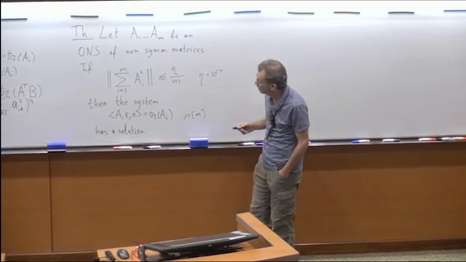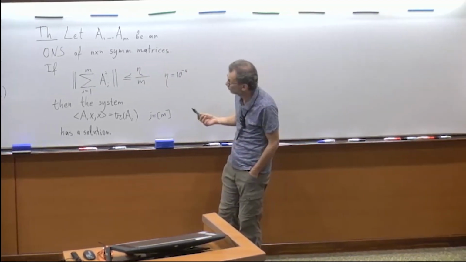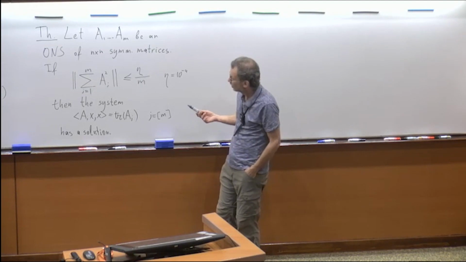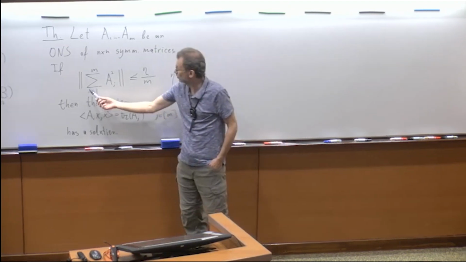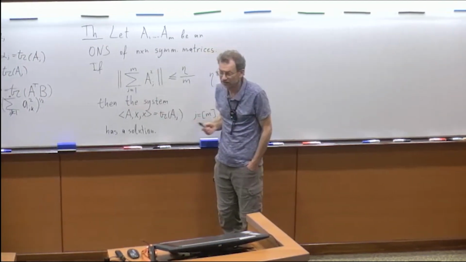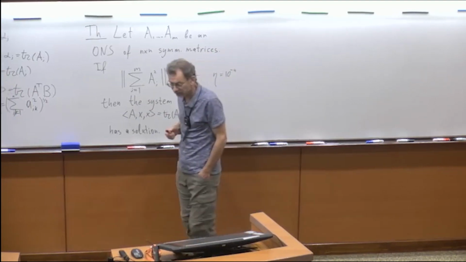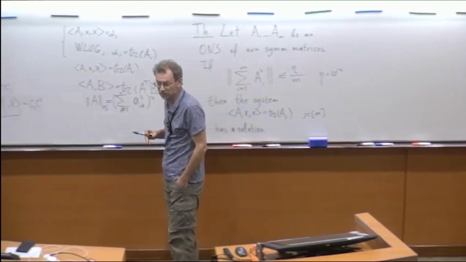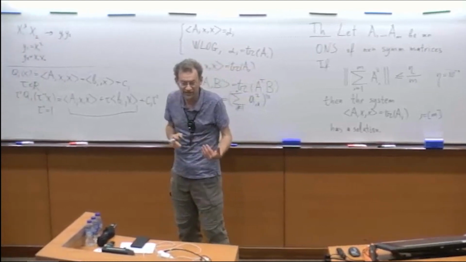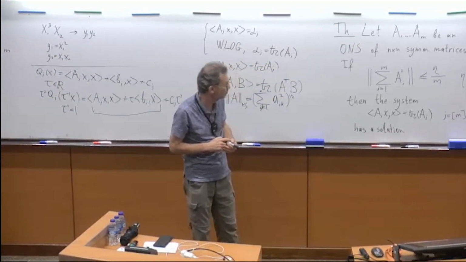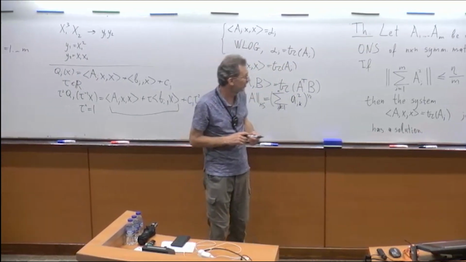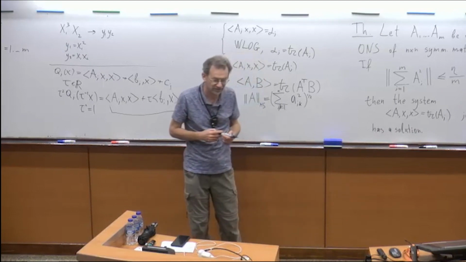And regardless of the way we orthogonalize them, this quantity, the norm of this sum, remains the same, which points out that this may be a right quantity to deal with.